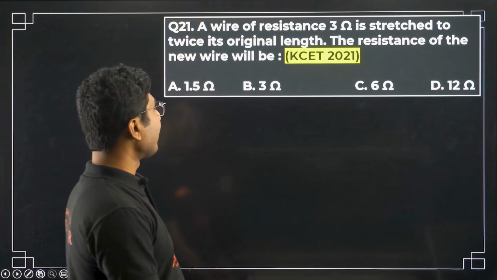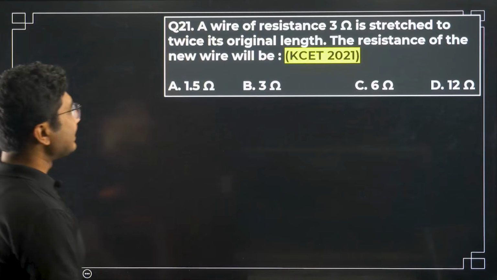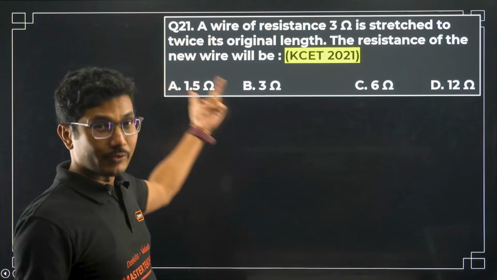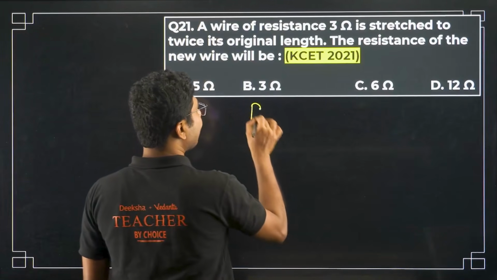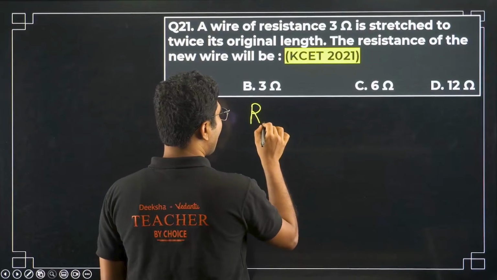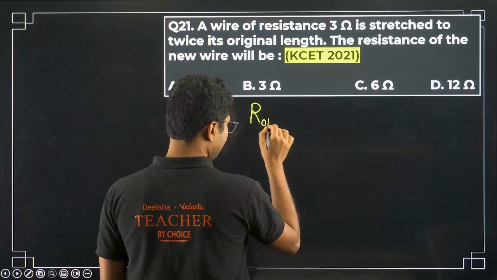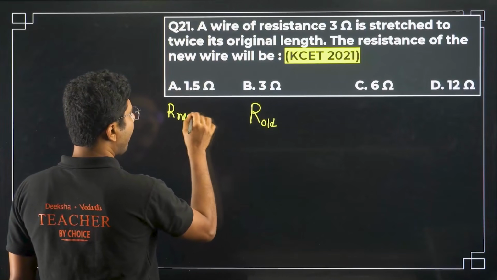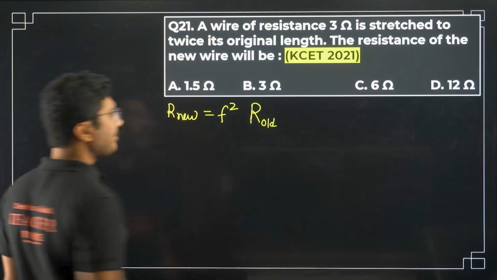A wire of resistance 3 ohm is stretched twice to its original length, then the resistance of the new wire. Again same formula, I think it came one year earlier than the other one. So R new will be F square times R old.